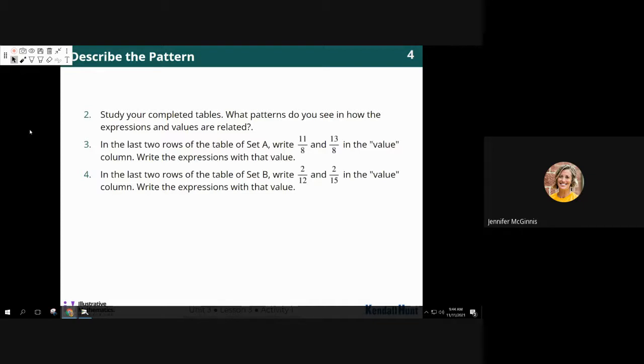Talk to your shoulder partner. You're not talking to the whole table, you're just talking to your partner.